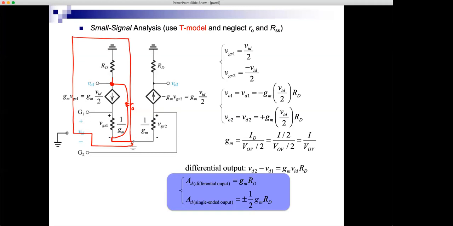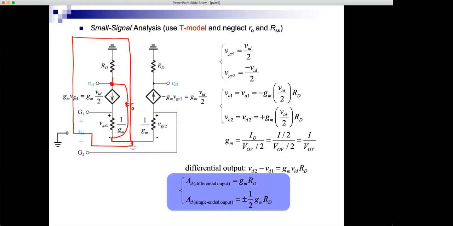This is 1/2 of the circuit, and I have virtual ground here, and this is the other half, and I have a virtual ground here also. This circuit corresponds to a MOSFET and a resistor to the supply, and the signal is applied to the gate.